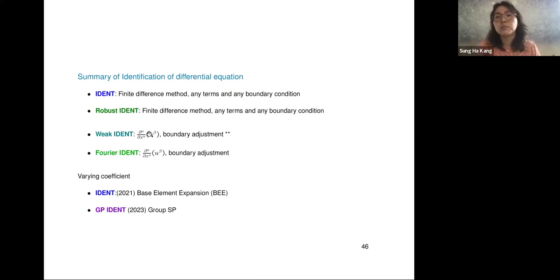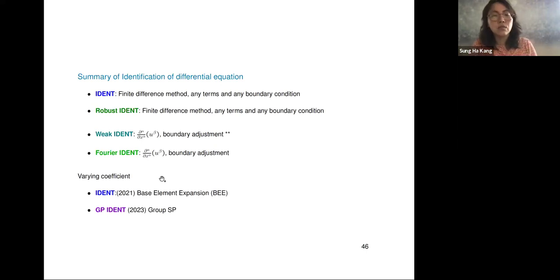You're not restricted by integration by parts, and the boundary condition can be free as well. In the Weak Ident, we did adjust the boundary, meaning you have a boundary condition which is non-periodic. We pad it. So we don't change the boundary condition, but we make sure we pad it to make it periodic. So these are some of the differences between these methods.